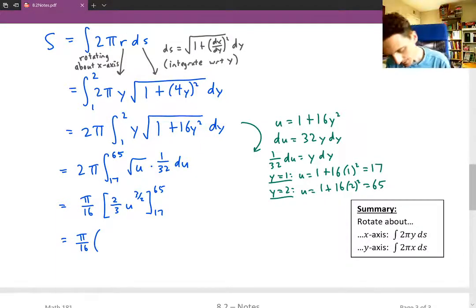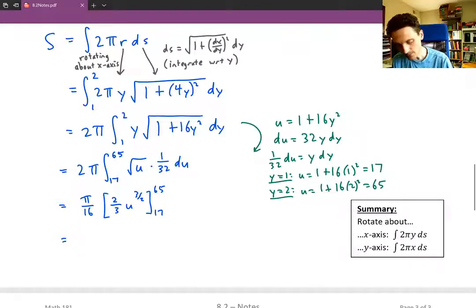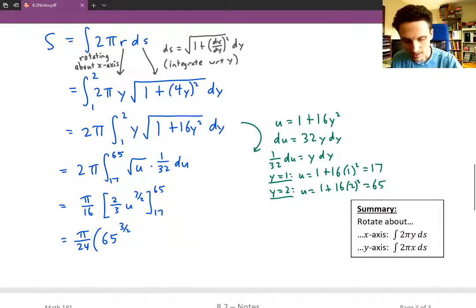Actually we could take the 2/3 out. That's kind of nice. The 2 and the 16 will cancel, and we'll get pi over 8 with a 3 on the bottom, so that's going to be pi over 24. And then when we plug in the 65, we'll have 65 to the 3 halves minus 17 to the 3 halves. Those are not really very nice numbers, so we'll leave it at that.